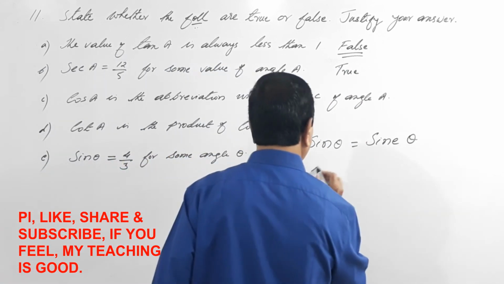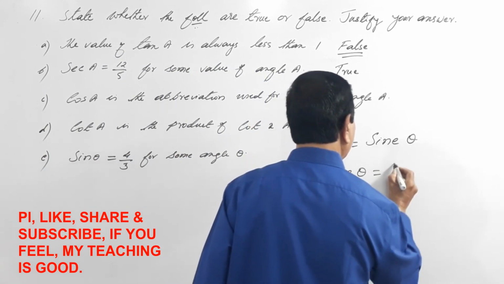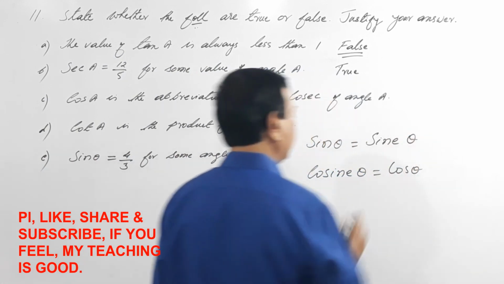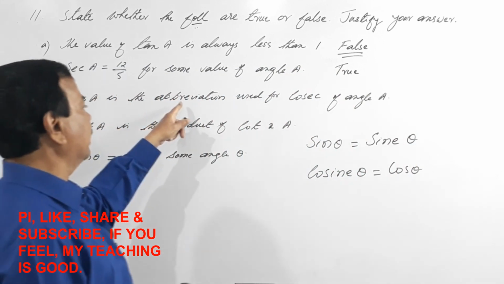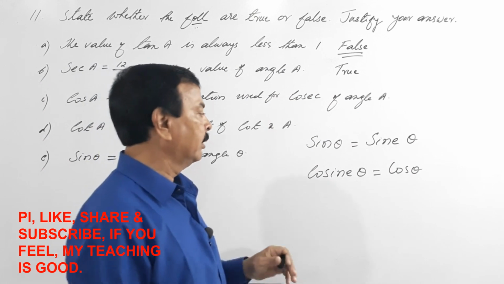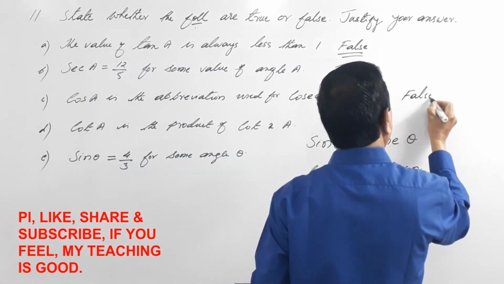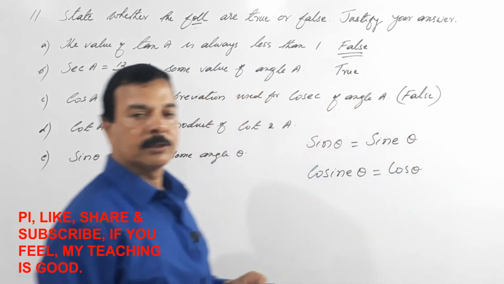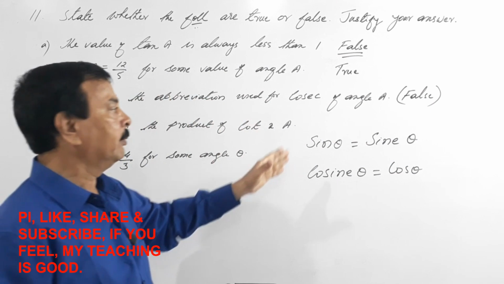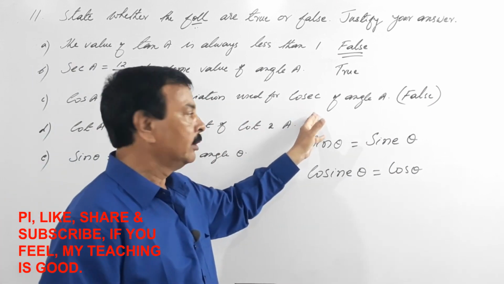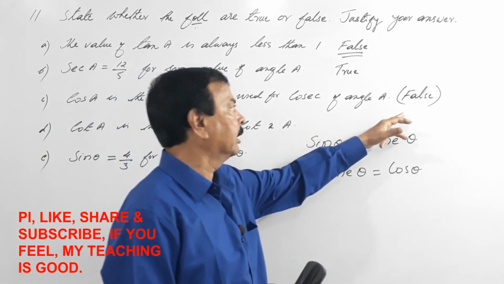Cos is nothing but cosine. But what he has said, cos A is the abbreviation used for cosecant. So this is false, because cosine is the right word to be used instead of cosecant. So the third one is false.